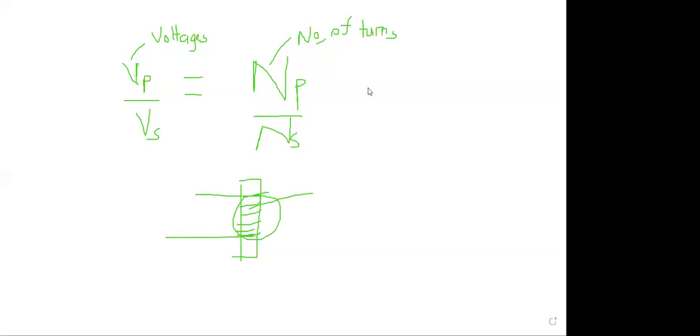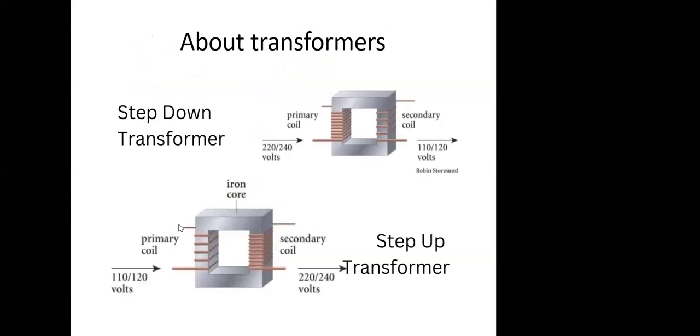When you look at this coil in our diagram of the step up transformer, those ones there are the turns: 1, 2, 3, 4, 5. They are the number of turns in a coil. So when I talk about turns, how many rounds our wire has made on the iron core is what we call the turns.